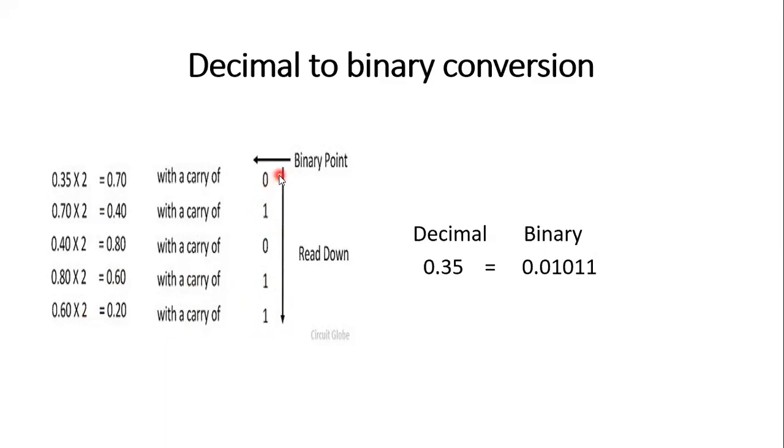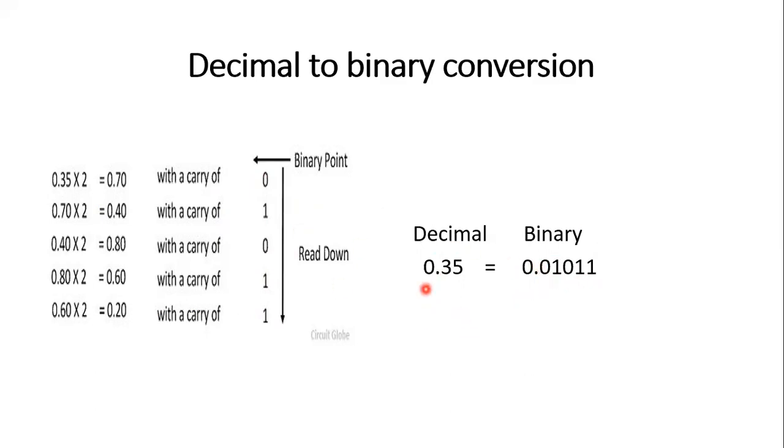And then we take from top to bottom. That is 0, 1, 0, 1, 1. So this is the conversion of decimal to binary for the fractional value.